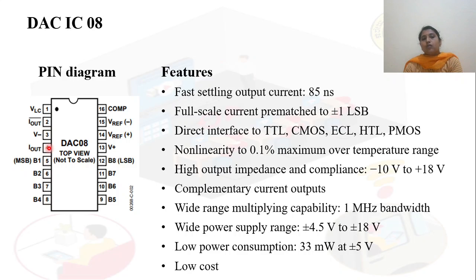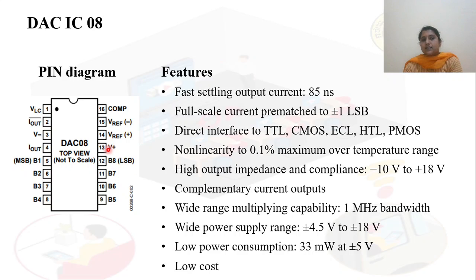Analog output is available at pin number 4 of DAC08. Since the output is current, this IC also provides inverted output at pin number 2. B1, B2, B3, B4, B5, B6, B7, B8 are 8 digital inputs. B1 is MSB and B8 is LSB.